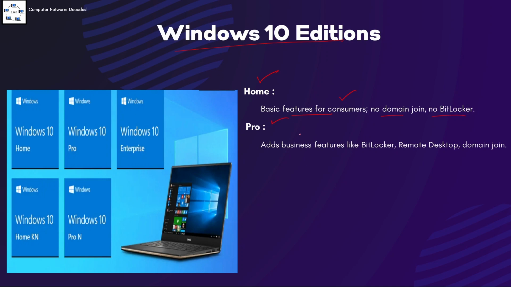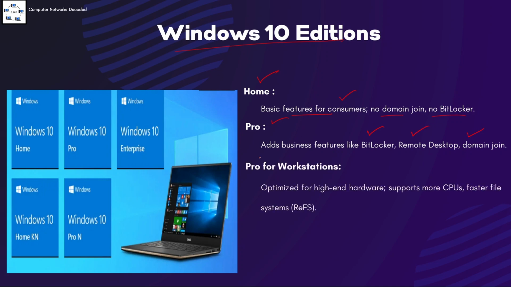Next is the Pro version. So this version adds features like BitLocker, remote desktop connection, and domain joining. And then Pro for Workstations, which is optimized for high-end hardware such as servers, and it supports more CPUs and faster file systems such as ReFS.